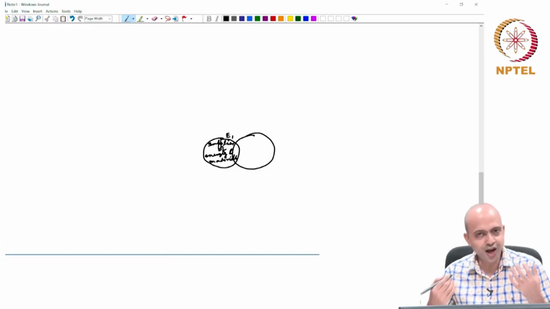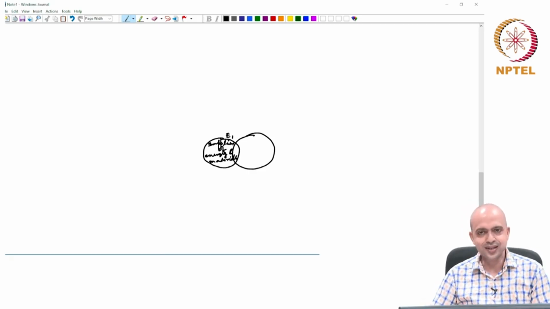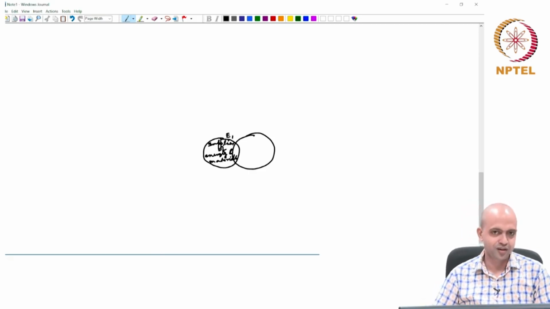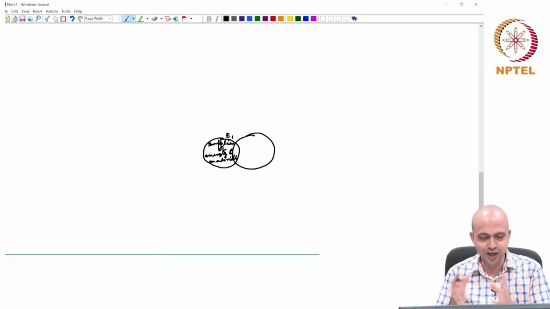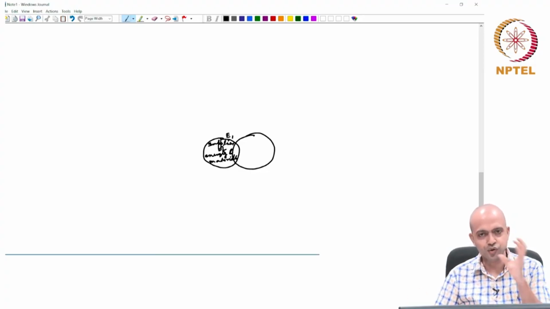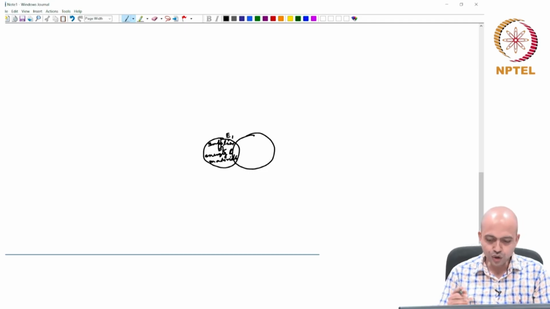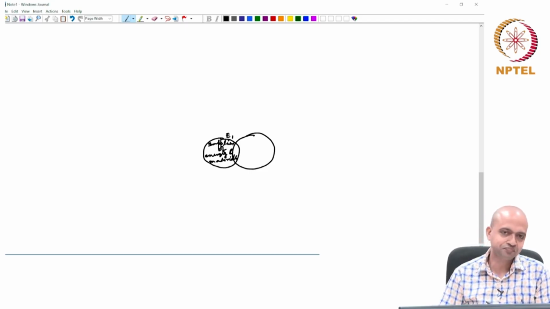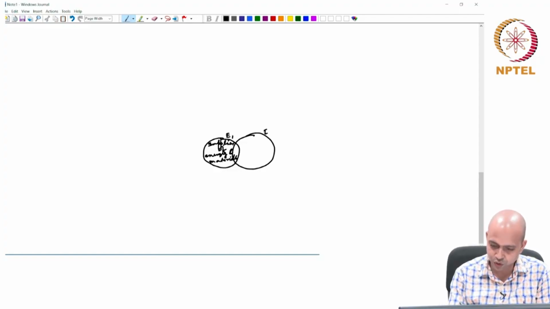So, that means the environment acts as a dustbin. So, the second important service that we derive from the environment is the waste sink capacity, which is, let us say, E2, waste sink capacity.